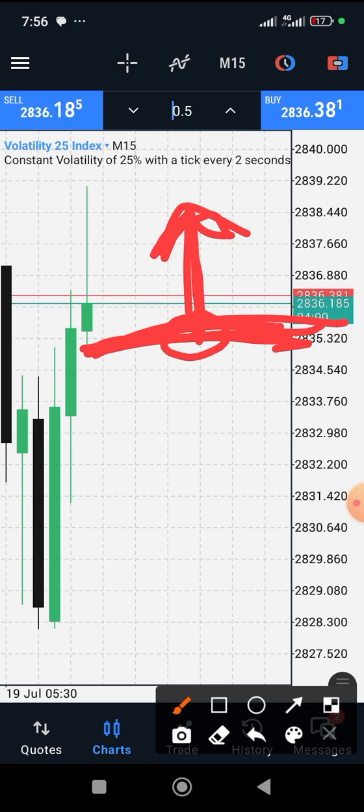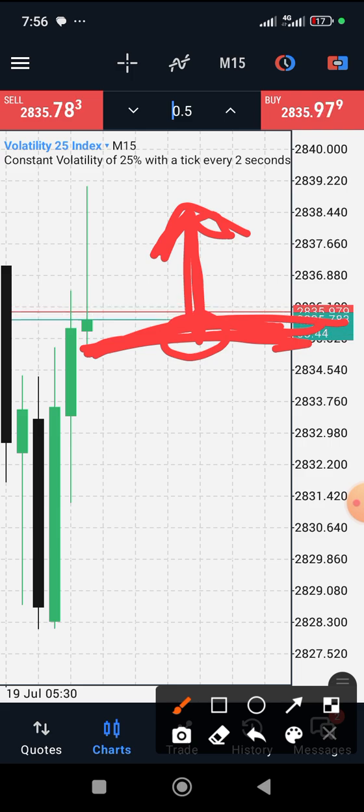So the only way you are going to make money is if the market price goes upwards above the price you bought the asset. If you find the market price below that price, it means that you are currently in loss. All right.